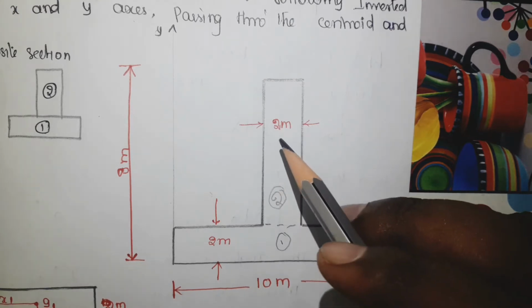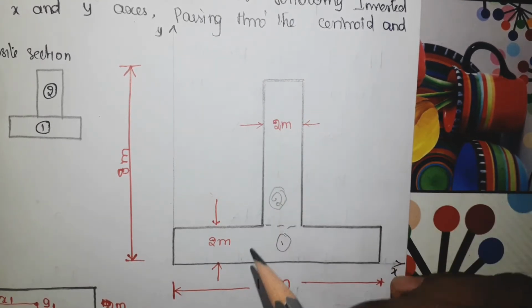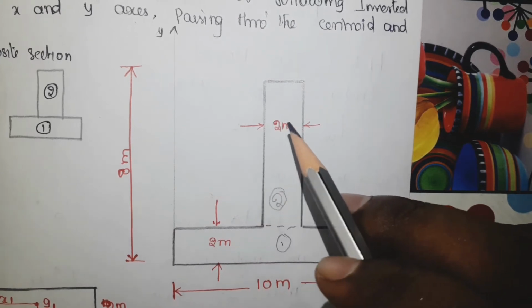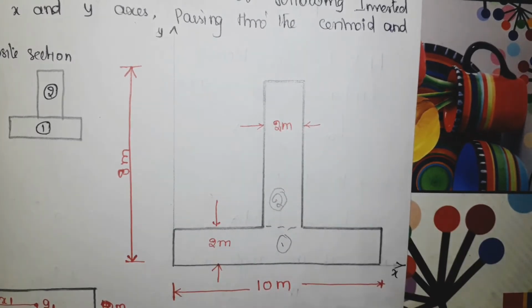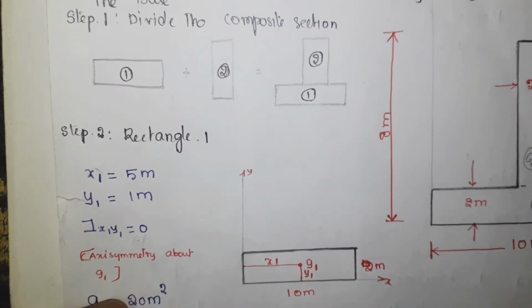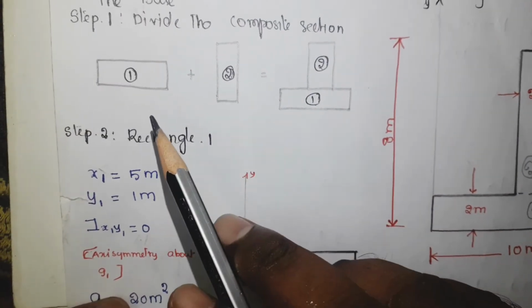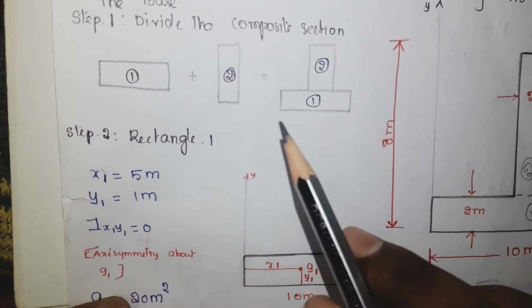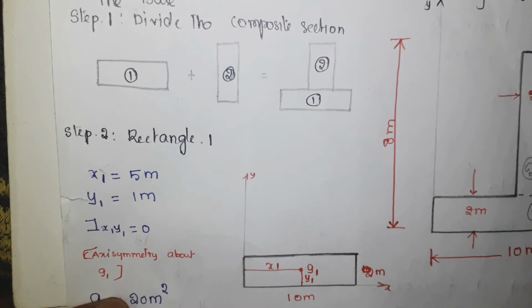For the second section, the height is equal to 8 minus 2, so 6, and the width is equal to 2 meter. So this is what I have done here. Here is the first rectangle, here is the second rectangle, and when you add them, you will get the final shape. This is the first step.